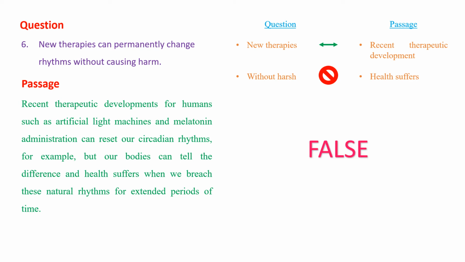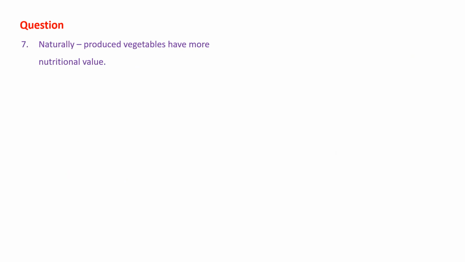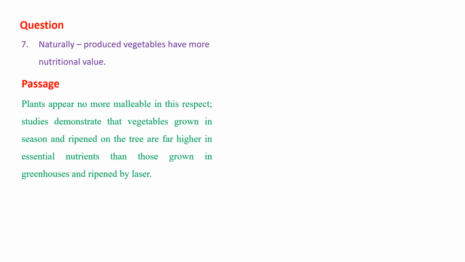Moving forward to the next question, the question is: naturally produced vegetables have more nutritional value. Skimming through the passage, we can find that passage D states that plants appear no more malleable in this respect. Studies demonstrate that vegetables grown in season and ripened on the tree are far higher in essential nutrients than those grown in greenhouses and ripened by laser.